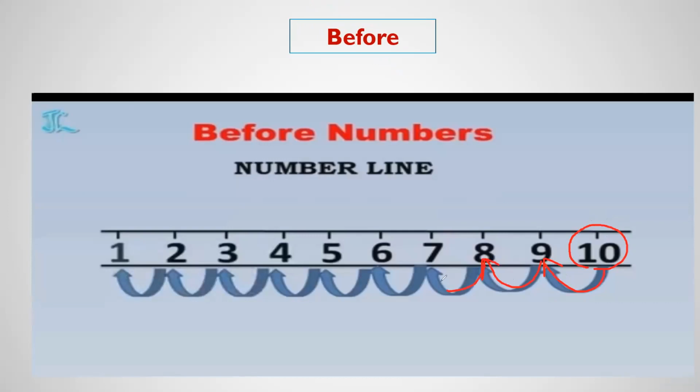Before 8, 7. So the number that comes before is like we jump back, or what stands behind the number. Behind number 7, we have 6. So this is the before. Let's solve an example together to memorize the before numbers more.